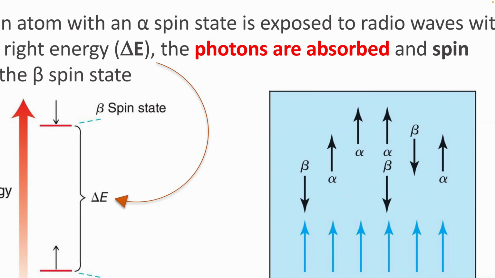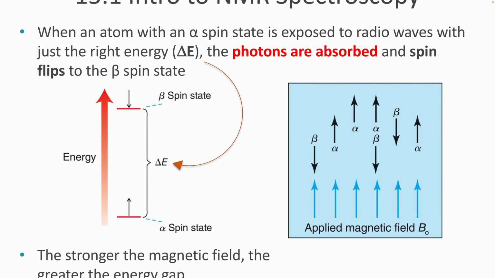Now, when we send in a photon, that photon gets absorbed by exciting the spin state of that nuclei. It turns out that there's a little bit of an energy difference between the nuclei that are aligned with the magnetic field compared to those that are aligned against the magnetic field. It's a little bit more energy to be aligned against the magnetic field.